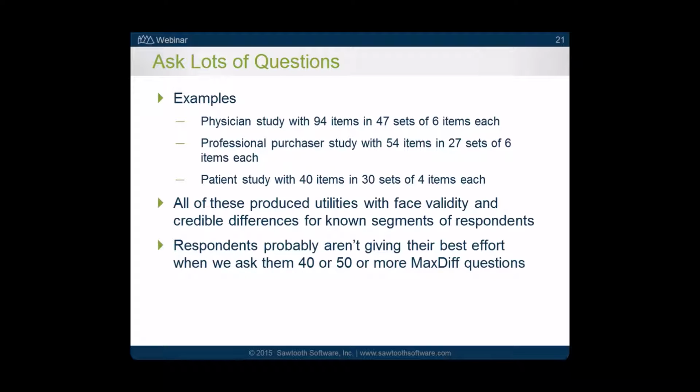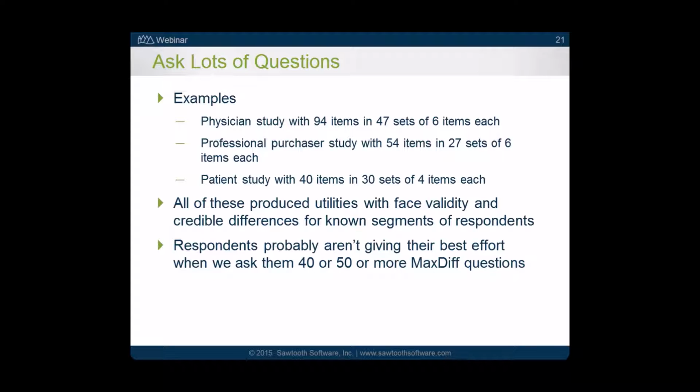I've already spoken a little bit about asking lots of questions. I have seen a few studies where we did this. I did a physician study with 94 items in 47 choice sets of 6 items each, and a couple of other fairly large studies. And in those, I was able to talk the client into not doing anything but the MaxDiff, and they produced utilities that had face validity.